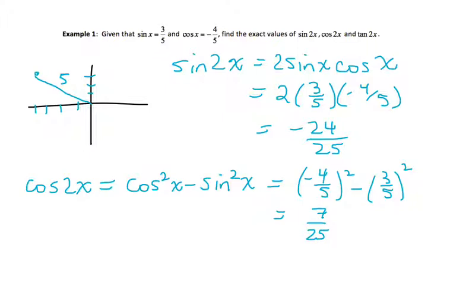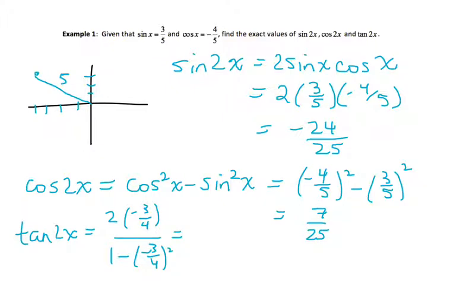Check my math. And then tan of 2x is 2 tan. So in this case, our tan is 3 over negative 4. So 2 times negative 3/4 over 1 minus negative 3/4 squared. So this is going to give me, that cancels and makes it negative 3/2 over 1 minus 9/16, 16/16 minus 9/16, 7/16.